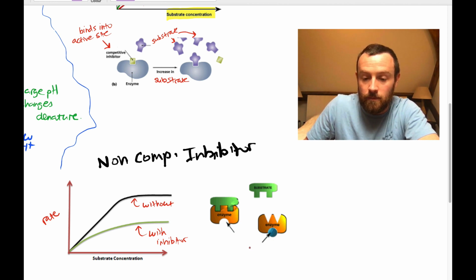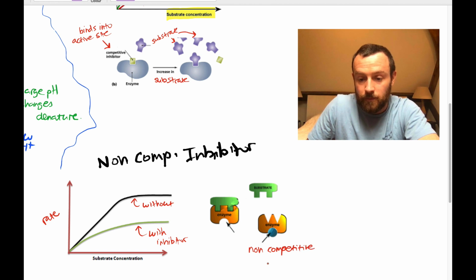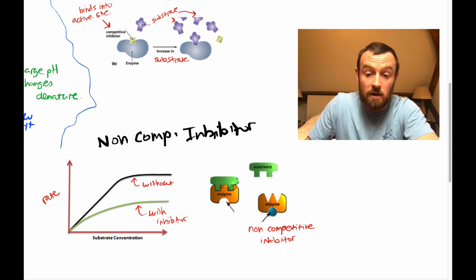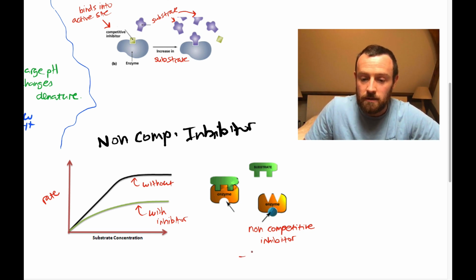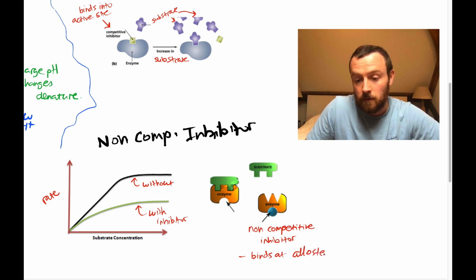Now, the non-competitive inhibitor binds over here. So this is at a different site. We call it an allosteric site. So that's not the active site.